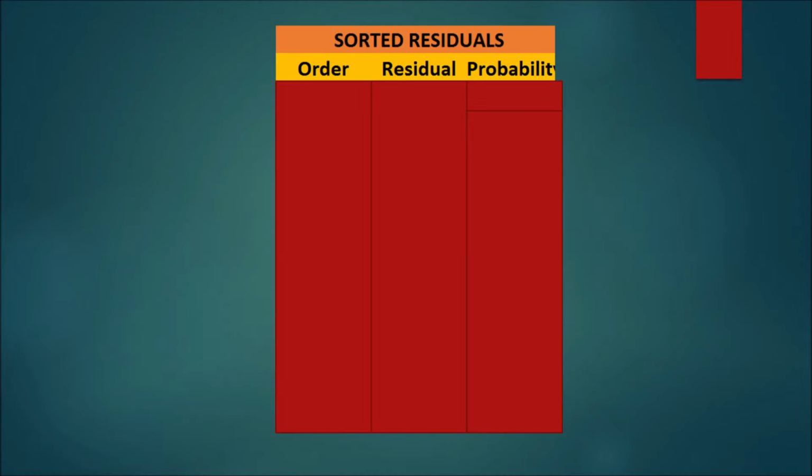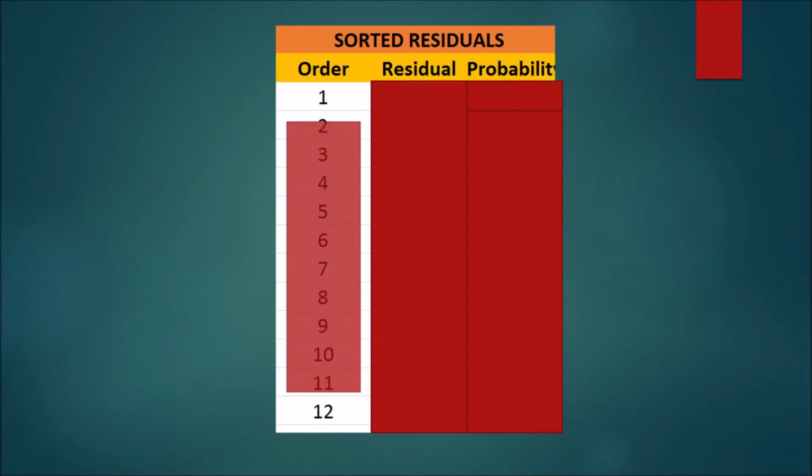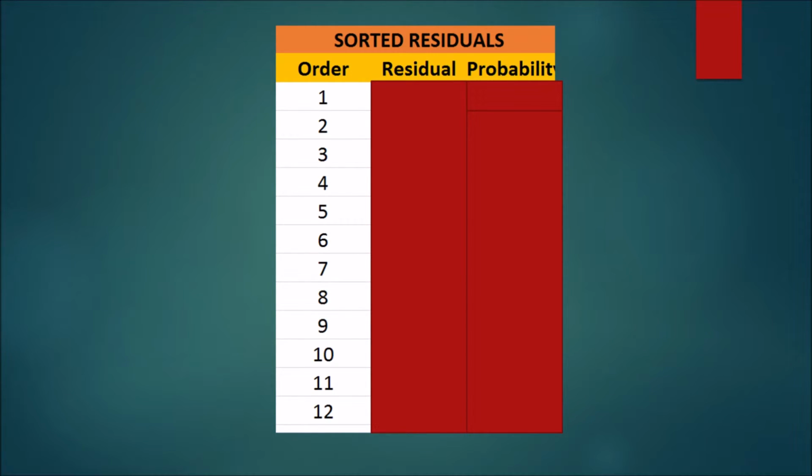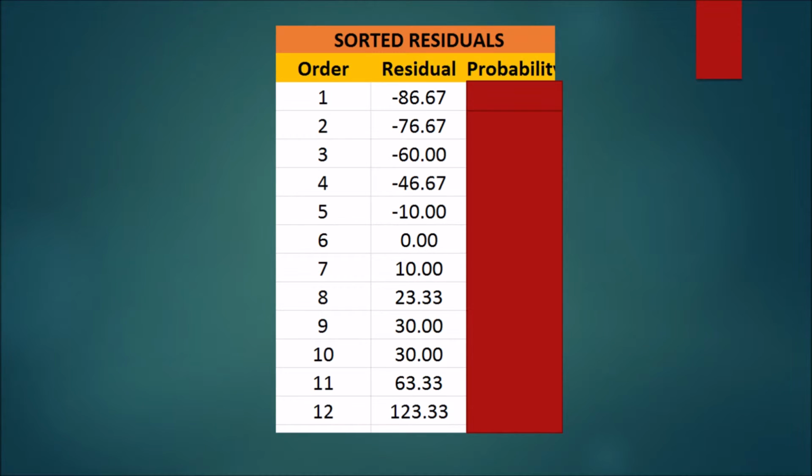Once this is achieved, we must order the residuals from least to greatest. The first column represents the number of the residual. It's just a number going from 1 to the maximum of values we have. The second column is the residuals sorted from least to greatest. And the third column corresponds to a probability.